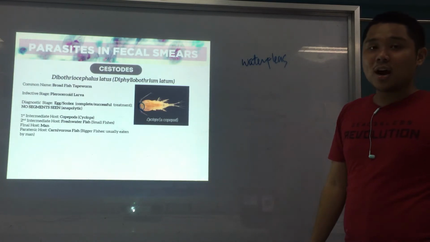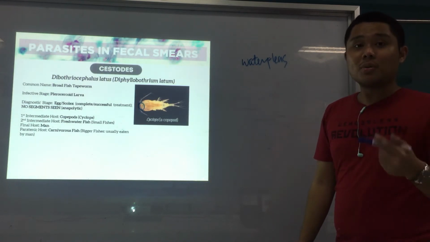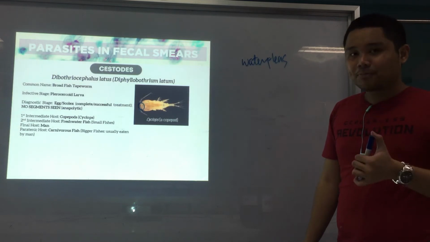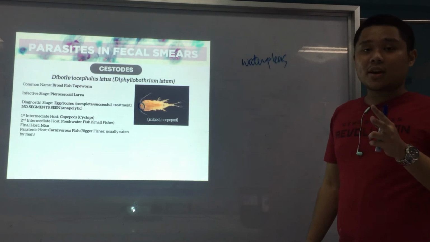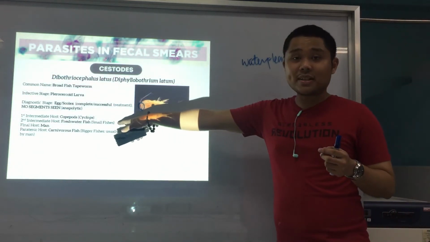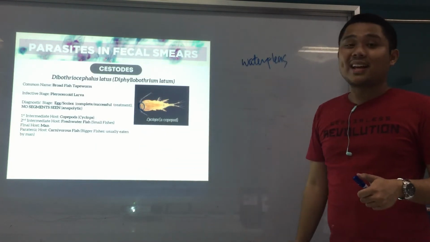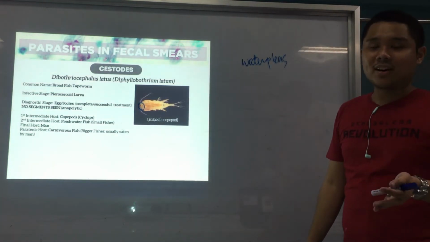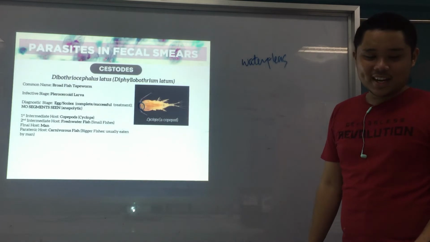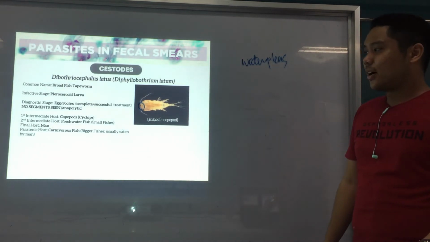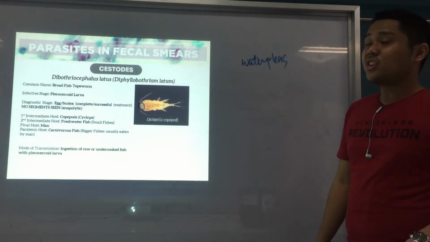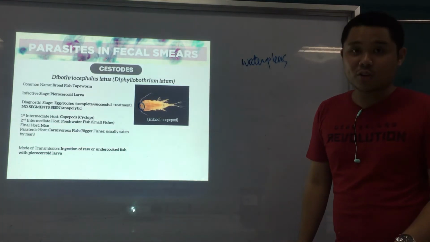So the paratenic hosts now are the bigger fishes that man usually eats. So we get the parasite either from the second intermediate host or the paratenic host, so from fishes. So two sources are possible. So those are the hosts. And the mode of transmission is, by the name itself, ingestion of the fish.